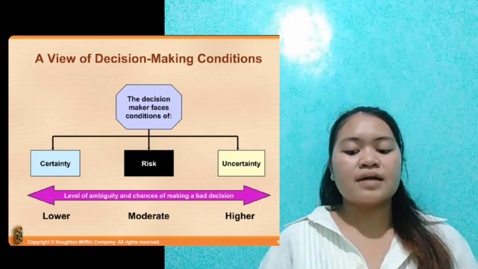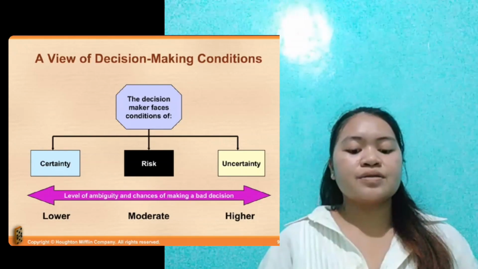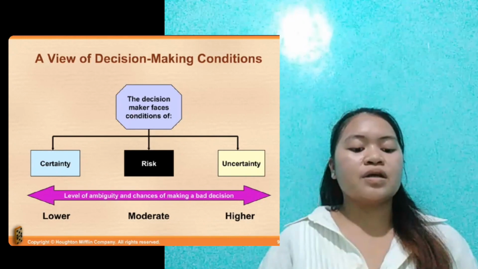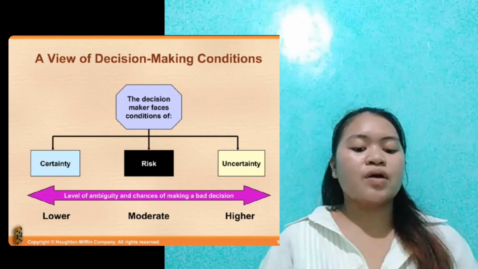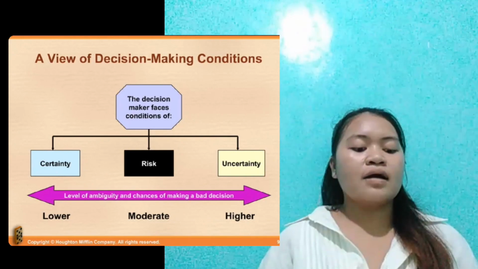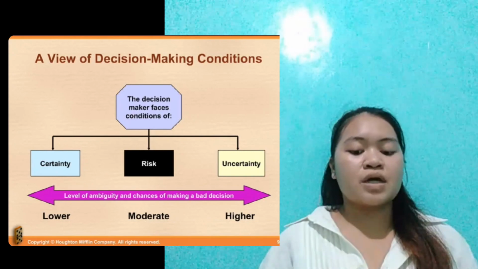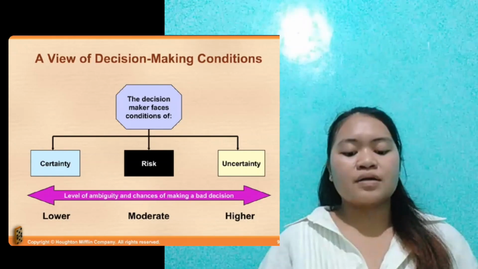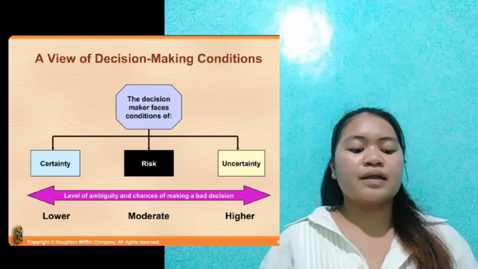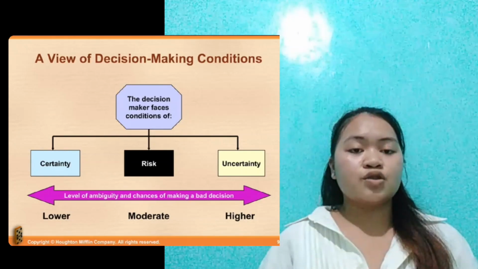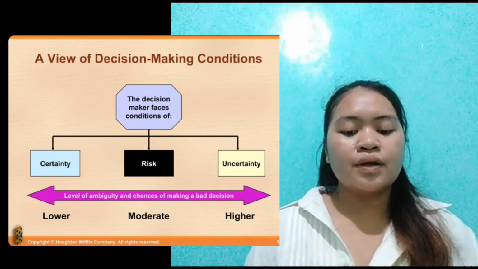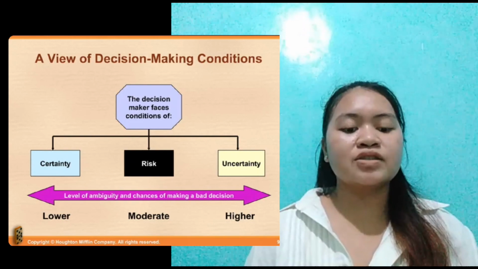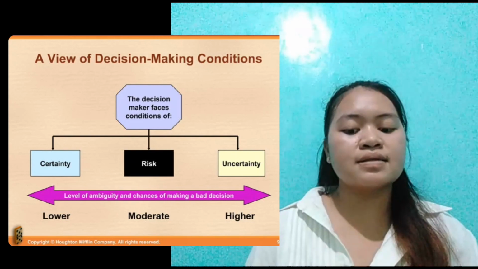And when we say uncertainty, it refers to situations under which either the outcomes or their probabilities of occurrence are unknown to the decision maker. An example of uncertainty is when you are not sure if you want to take a new job or not.